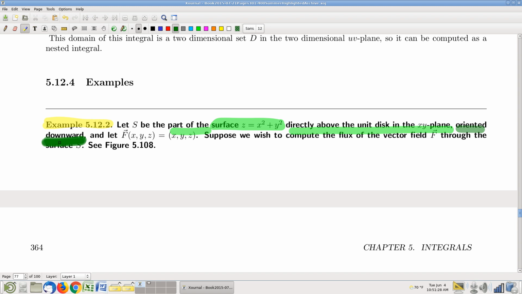If the fluid just turns around, is this now the positive? You've got to make a choice in advance. What direction is the positive direction? So this orientation, reminder, is just a way of indicating that choice. We're saying here, with oriented downward, that I want to talk about the downward normal vector, downward through the surface. That's the direction I'm going to call the positive direction. And whenever fluid is flowing upward through the surface, I'm going to call that negative flux.